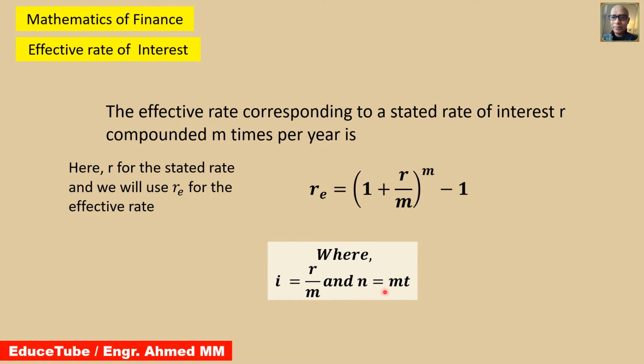So we have to use n equals mt. So we will use this formula for finding the effective rate of interest. Let's move ahead to the next slide to see how to find this.